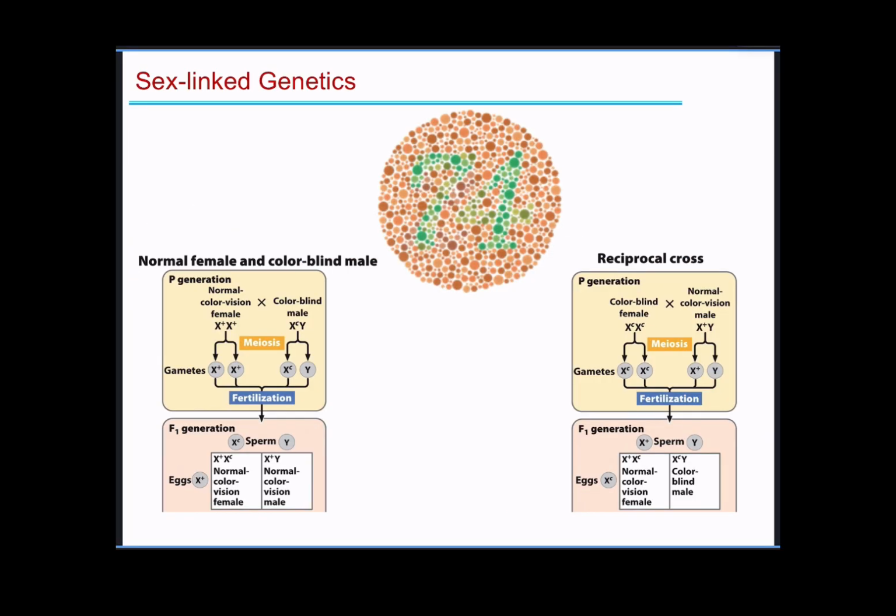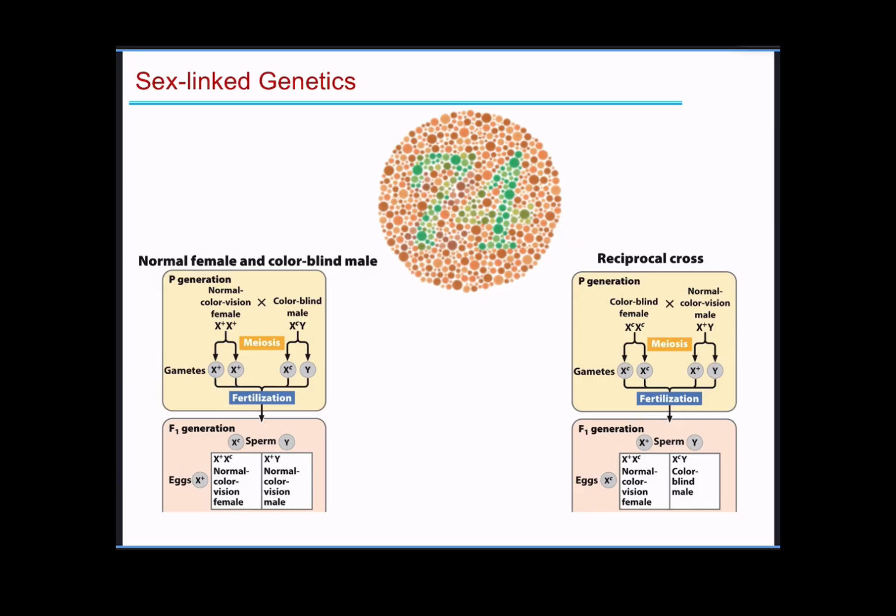So, switching to humans. I'm not going to ask, but statistically, there may be one or more individuals in this classroom right now that may not see the number inside of that circle. And that is because there is a form of color blindness that is very widespread in the human population that is sex-linked. So this particular form of color blindness is based on a locus that is located in the X chromosome.